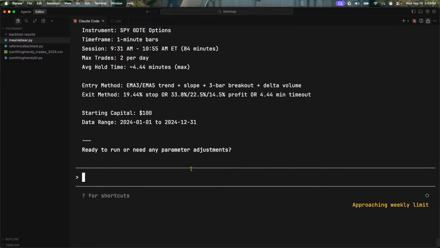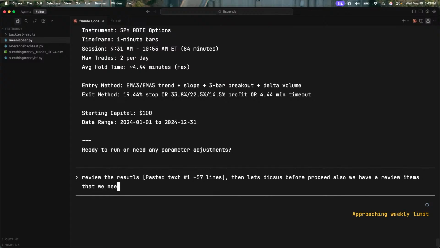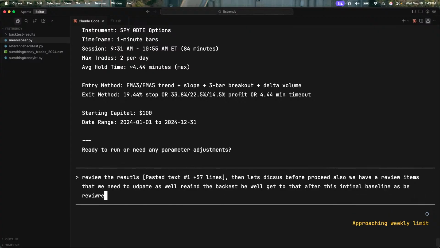Review the results, then let's discuss before proceeding. Also, we have a few items that we need to update regarding the backtest, but we'll get to that after this initial baseline has been reviewed.